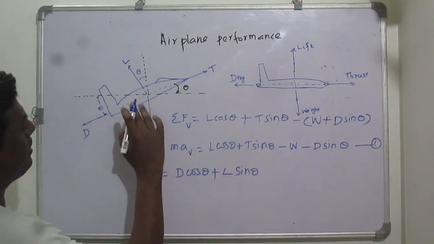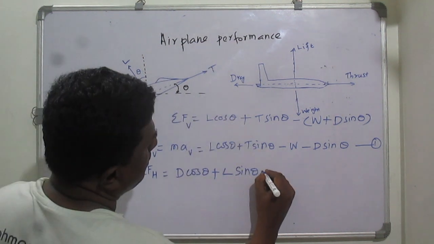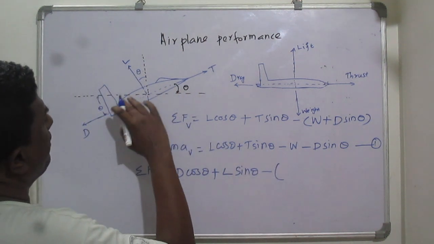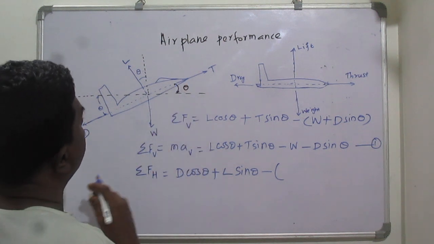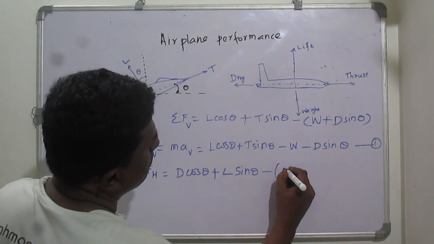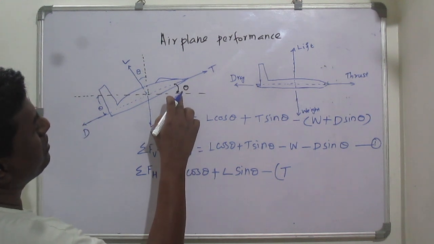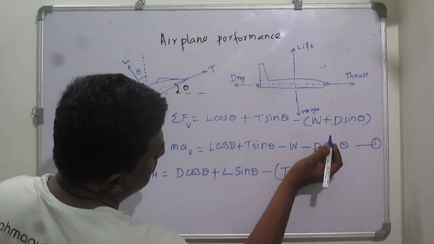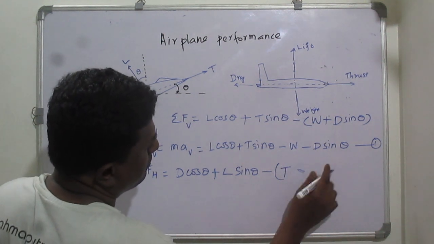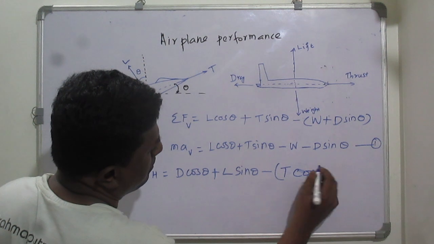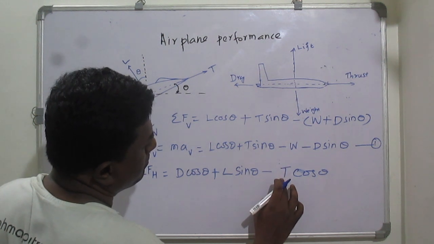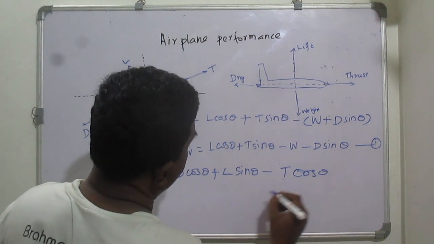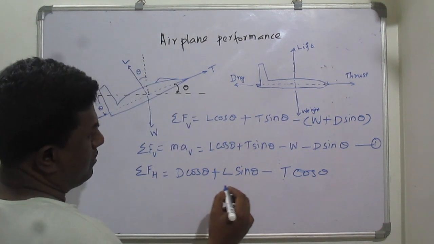On the other side there is only one force, the thrust, which is also subjected to theta, so thrust into cos theta. We do not need to put a sign here because only one component is there. So this will be equal.